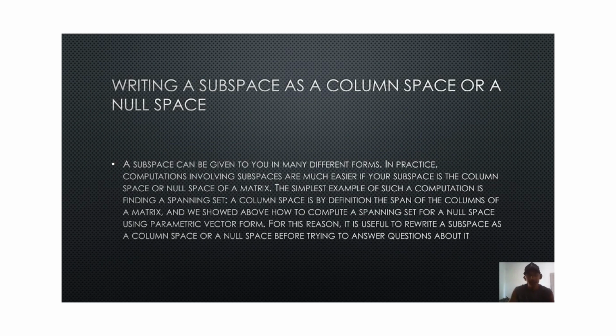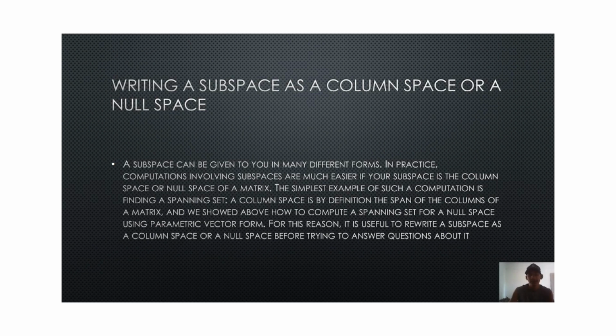A subspace can be given to you in many different forms. In practice, computations involving subspaces are much easier if you write the subspace as a column space or null space of a matrix. The simplest example of such a computation is finding a spanning set.